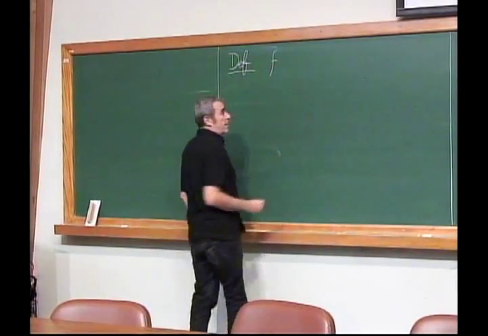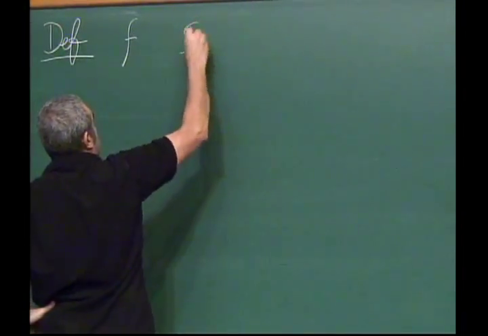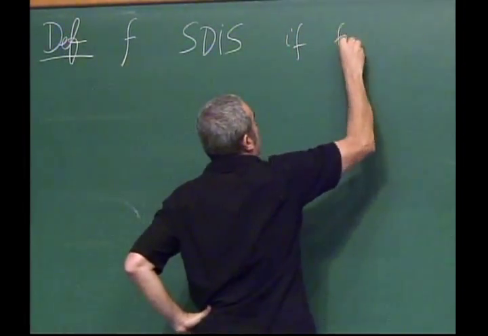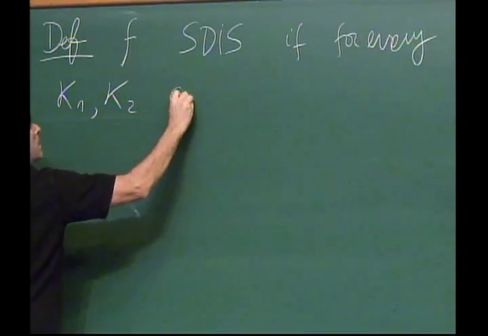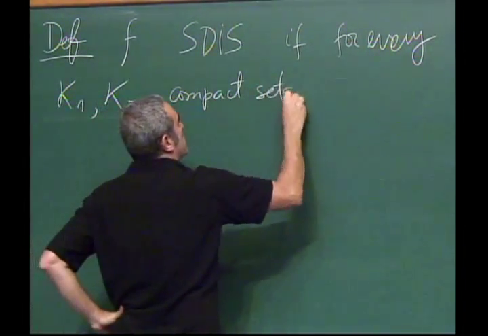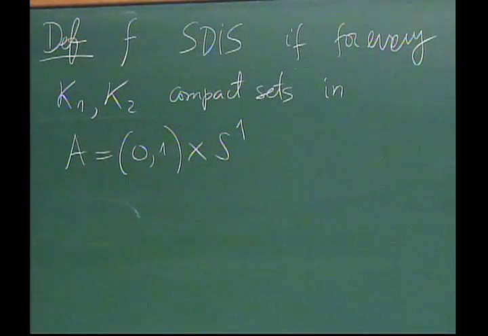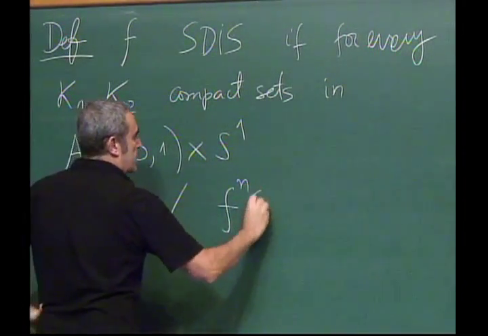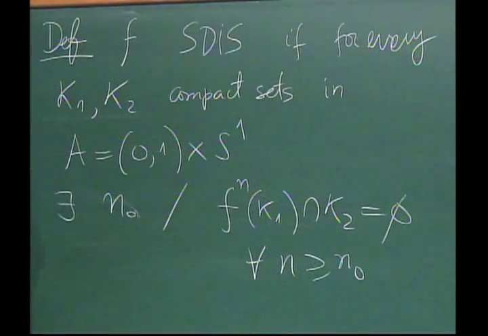We are in the annulus. A map F of the annulus is strongly dissipative if for every pair K1 and K2 of compact sets in A, the open annulus, there exists a number n0 such that the intersection of the images of these sets is empty for every n greater than n0.